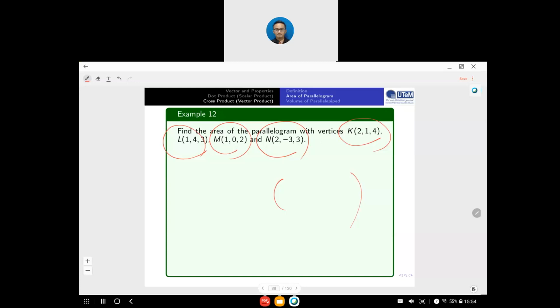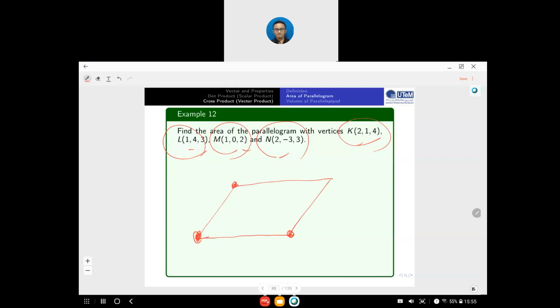So we know that the area of a parallelogram looks like this. Okay, something like this, the area of a parallelogram. So you need to identify, you need to sketch first where it sits, because we only want to use this point and this point. Okay.